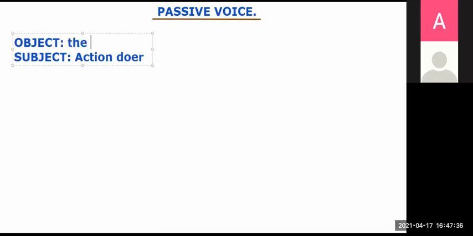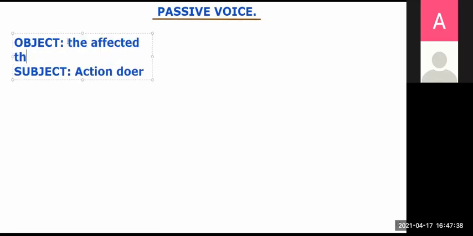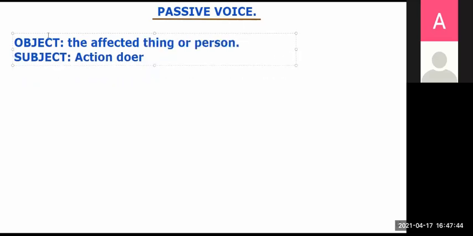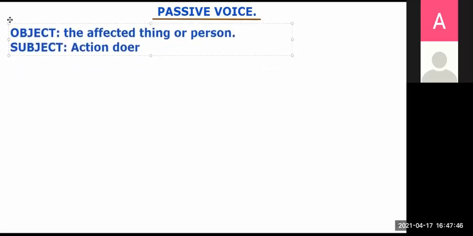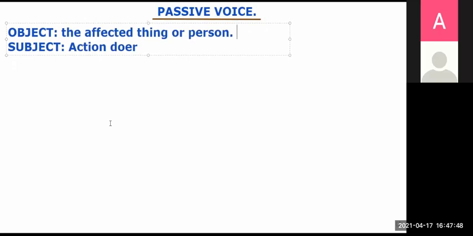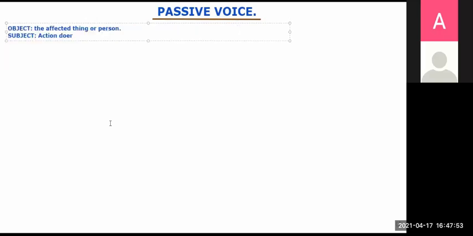The affected person, thing or person. That's the object. These are the two main things you should understand in every passive voice you're going to make. So, who is the action doer? I think in Turkish you use nesne and özne. I'm not very sure which one is which. I always get confused about that. All right. So the action doer.